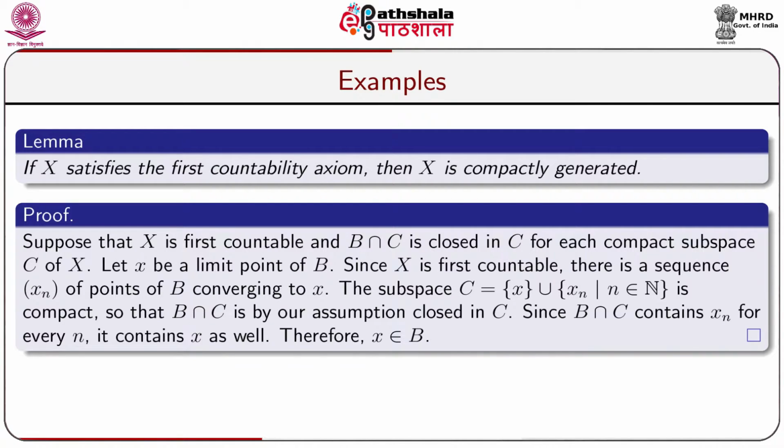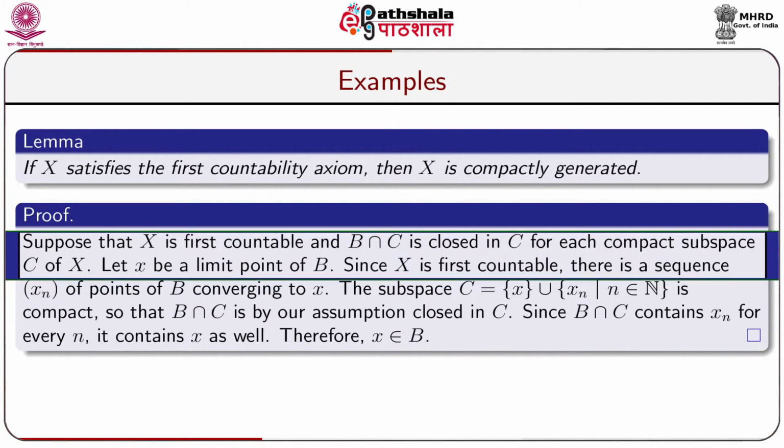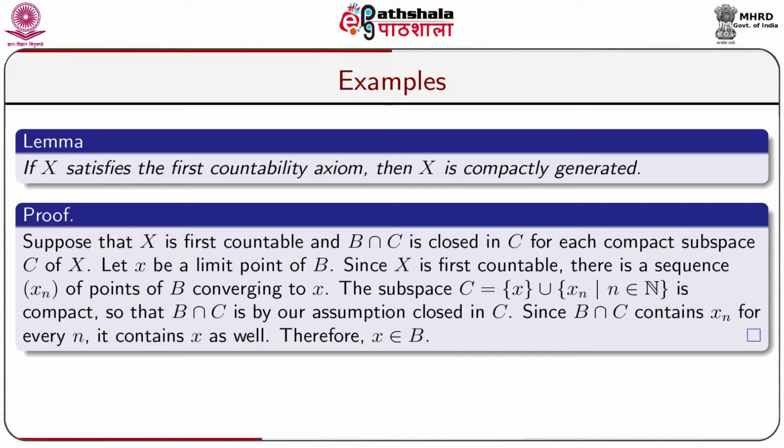To prove this, let X be a first countable space and let B intersection C be closed in C for each compact subspace C of X. Note that here we are using the closed set formulation of compactly generated spaces.